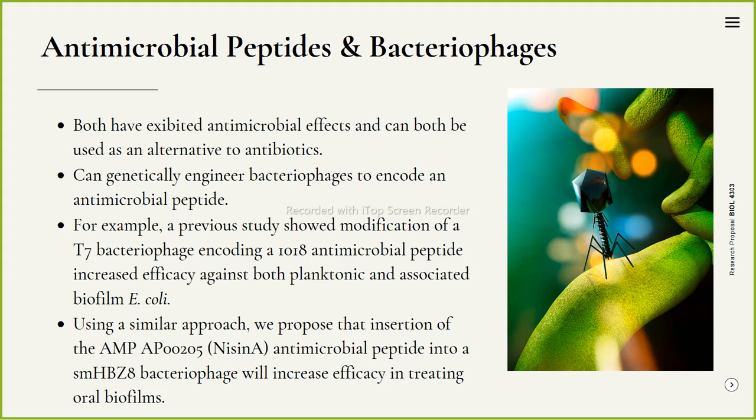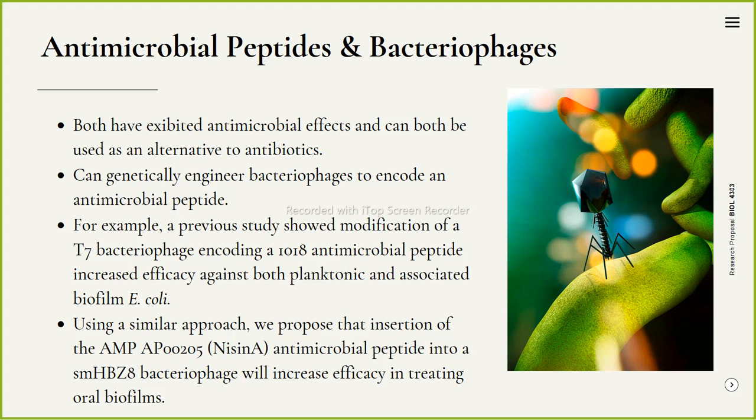As we've mentioned, it's an emerging field, the nanoparticles specifically, just because of the new strains of antibiotic resistant bacteria. The great thing about bacteriophages is that you can genetically engineer them. The basis that our proposal is based on is that we can actually insert a cassette which encodes for the antimicrobial peptide.